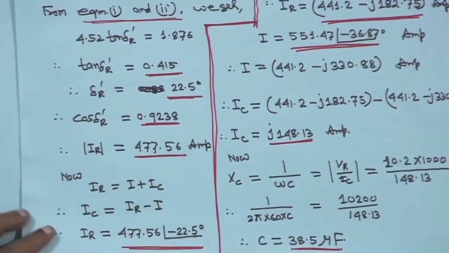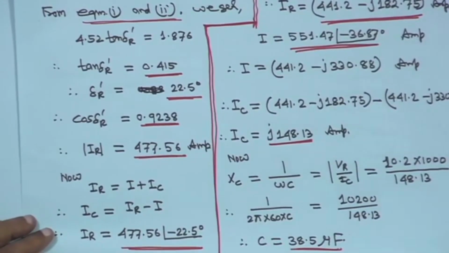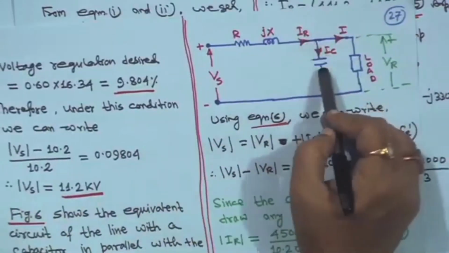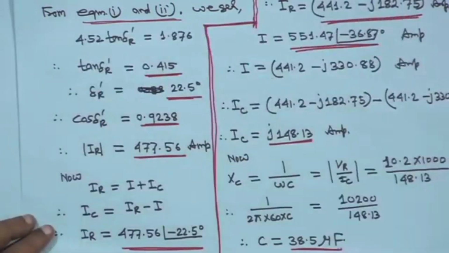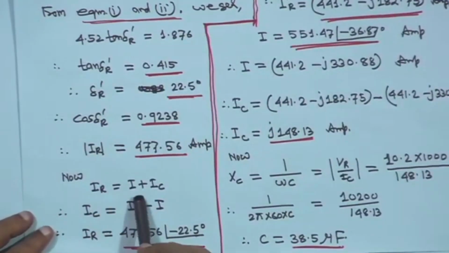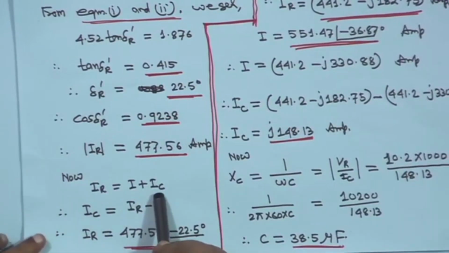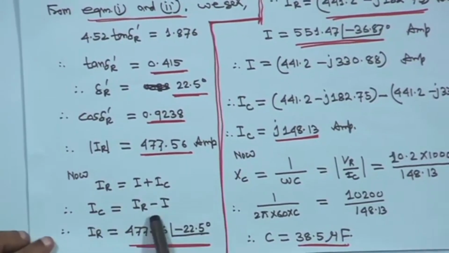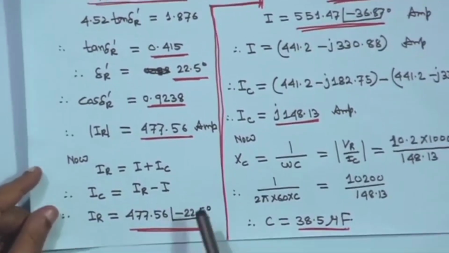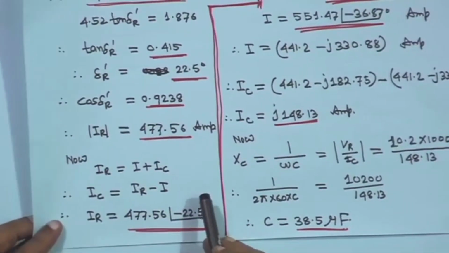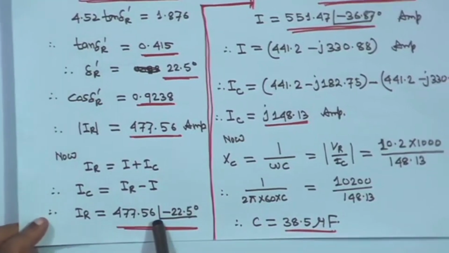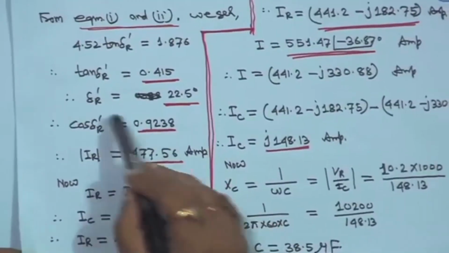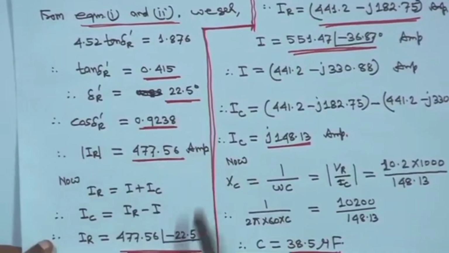Now, from this circuit, Ir is equal to Ic plus I, so Ic is equal to Ir minus I. Now Ir is 477.56, this is the magnitude of the current, and this delta R dash is 22.5 lagging.